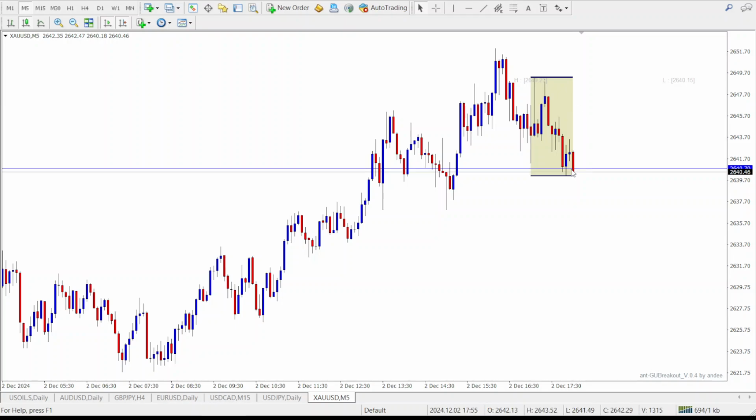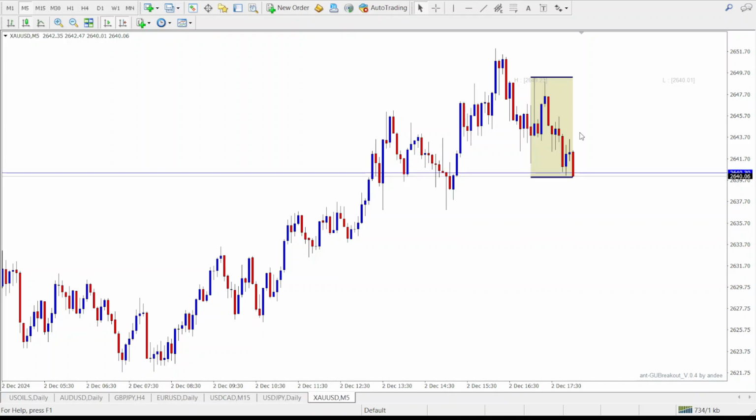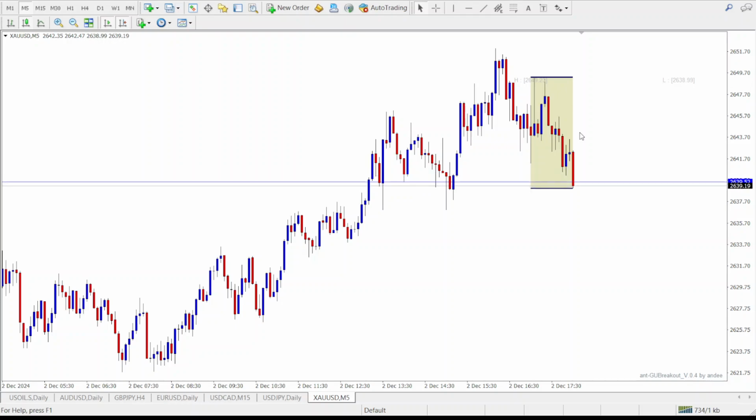So if the price breaks below this black line support, we'll look for sell opportunities. If the price breaks above this black line resistance, then we should be looking for buy opportunities. So there is no need for guesswork because the indicator does the work for you.